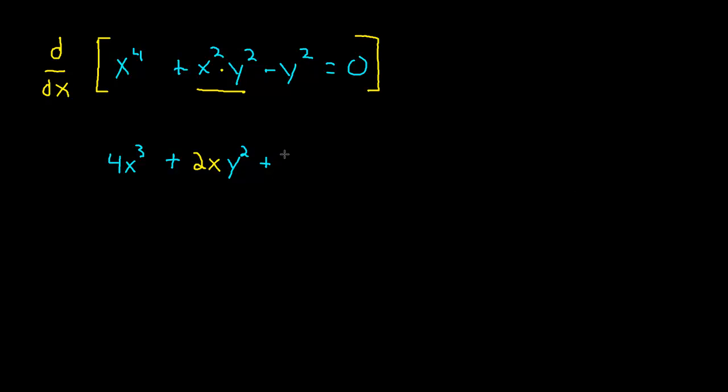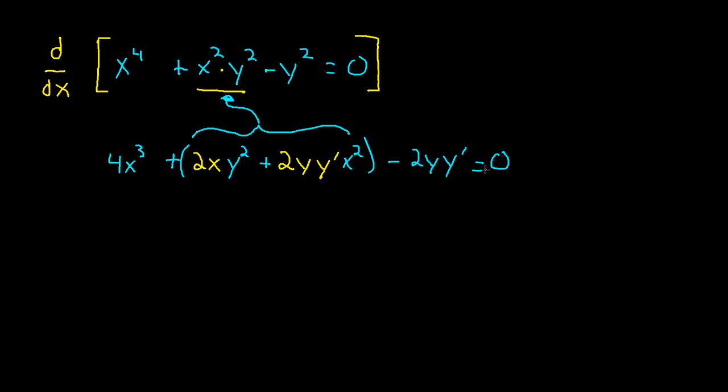Well, what's the derivative of y squared? It's just 2y y prime, and then I'm going to multiply that by my first function. So the parentheses are unnecessary, but I do that just to show you that this right here is the derivative of this guy right here. Okay, and then finally minus 2y y prime equals 0.